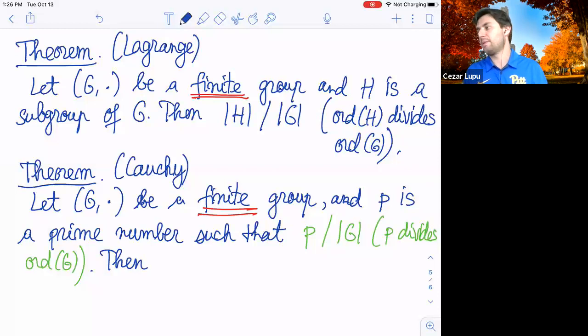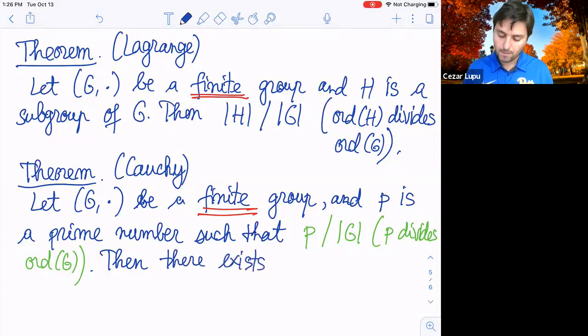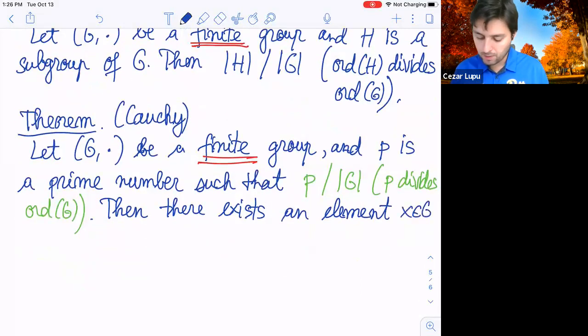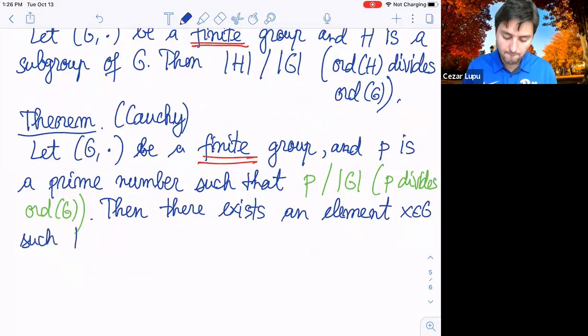There exists an element of order P in G. Then there exists an element, let's just say X in G, such that the order of X is P.